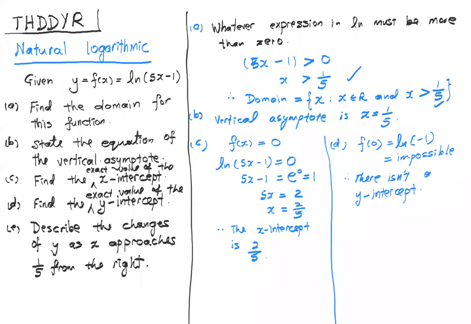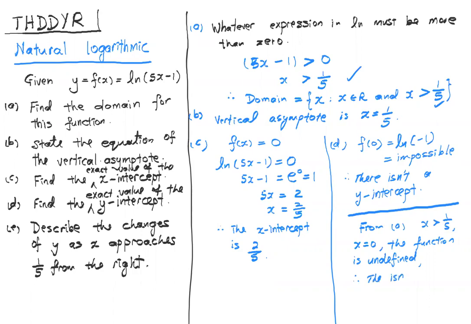If I don't want to answer in this way, a better answer is by observing and telling the examiner, from A, x is greater than 1 over 5. So for x equal to 0, the function is undefined. Therefore, there isn't a y-intercept.